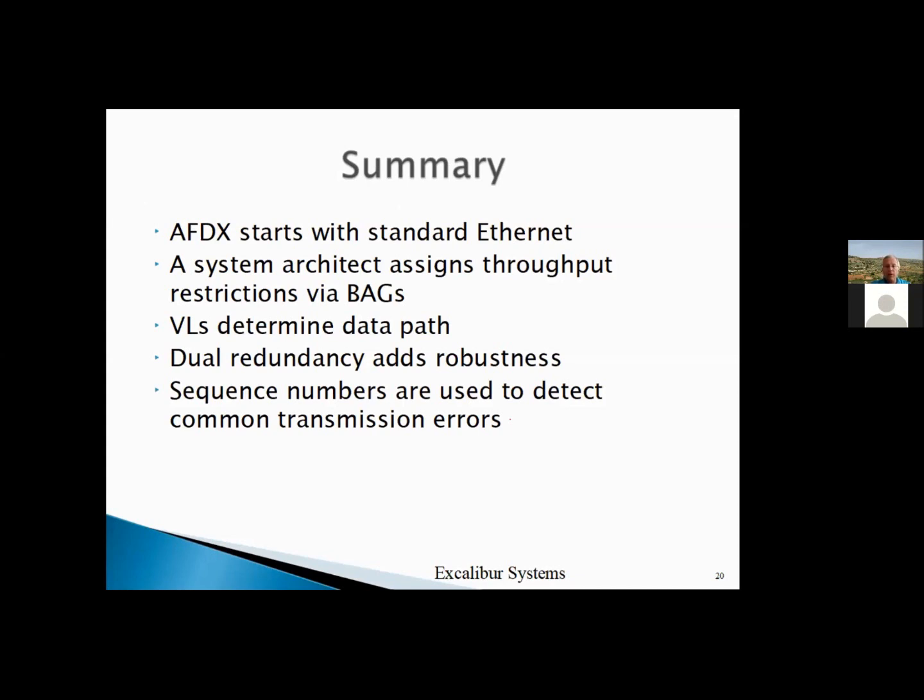The virtual link is used to determine the path, which switches it's allowed to go through, and there's only one path that it's allowed to go through. By having dual redundancy, we don't lose packets. And the method for both implementing dual redundancy and implementing all kinds of checks for different kinds of errors is the use of a sequence number.